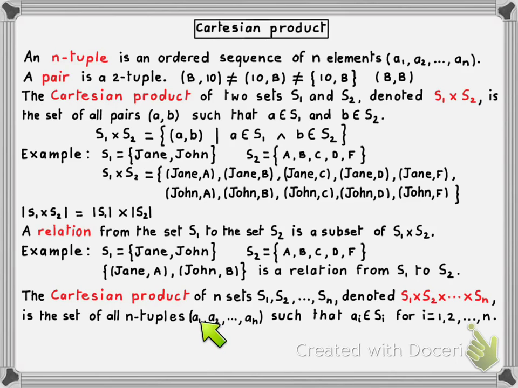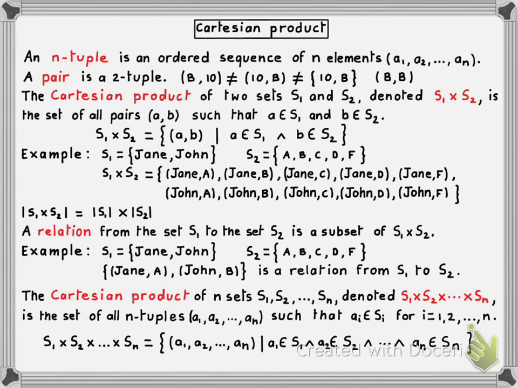Namely, the first element here belongs to S1, the second to S2, and the last one to Sn. So the Cartesian product of n sets is just an extension of the Cartesian product of 2 sets.